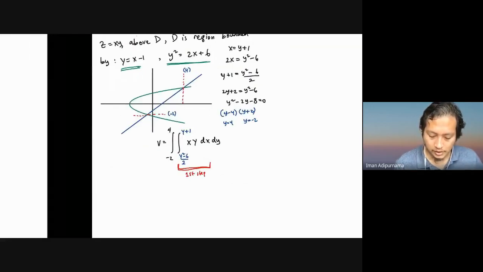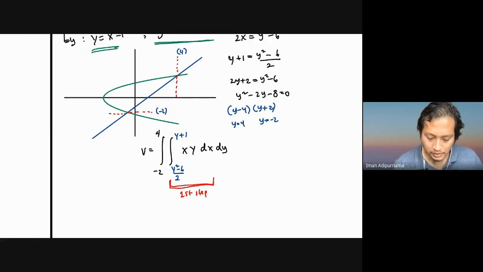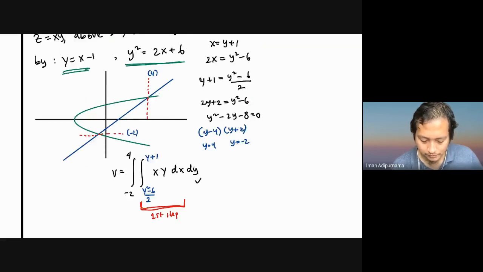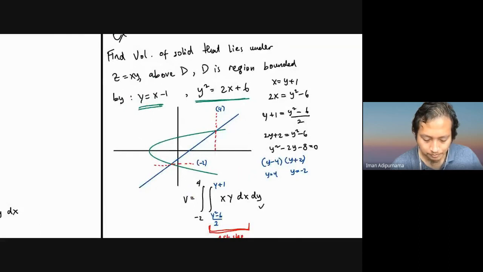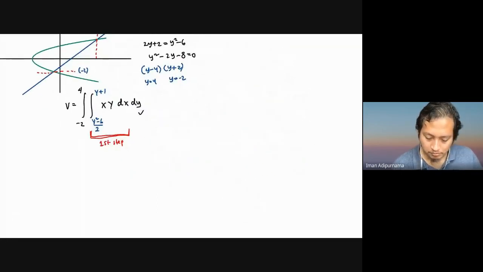But all the concept of the multiple integrals is already in here. Okay. So first, the important point here is you need to draw the region.